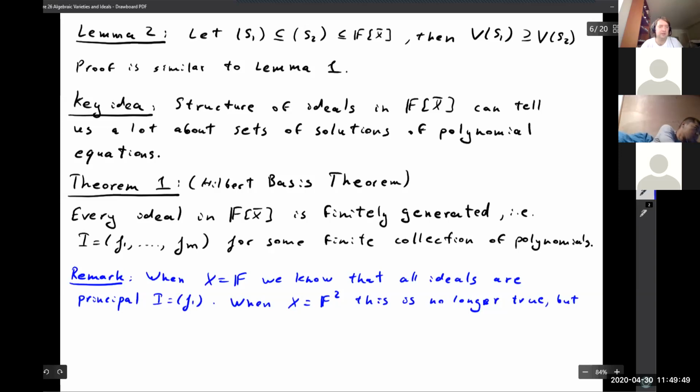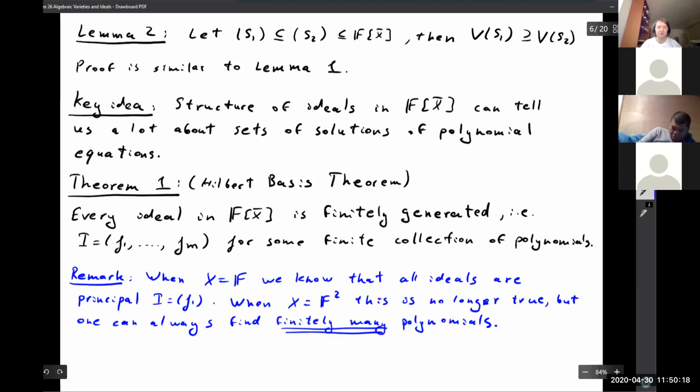But one can always find finitely many polynomials.